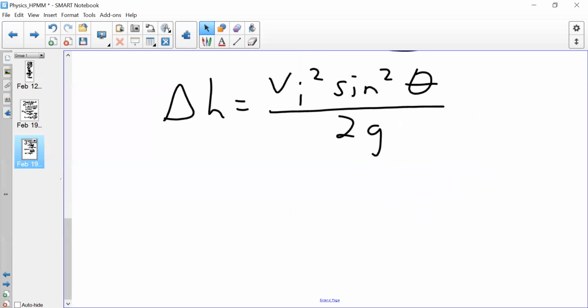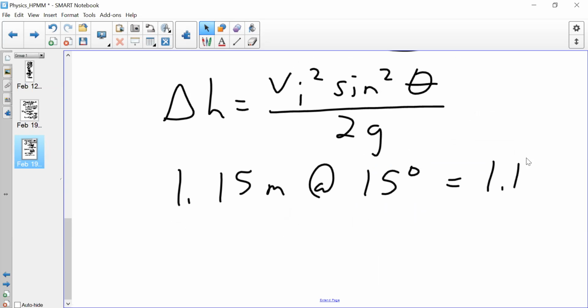So our first data point will be 15 meters at 15 degrees. You are going to calculate that range, or the first height, 1.11. We add that to 15, we got the 16.11 as we saw.